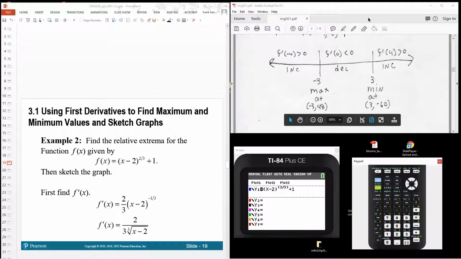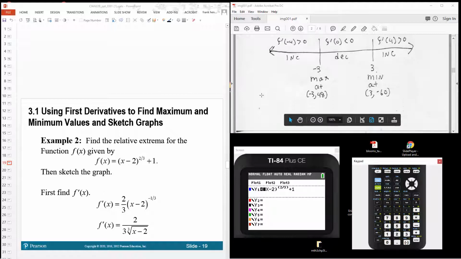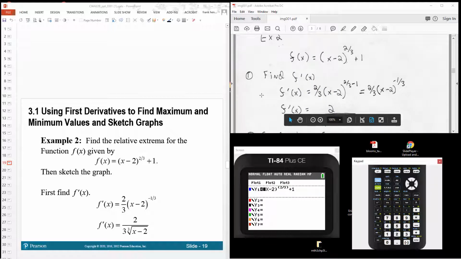So the first thing I do is I find my derivative of the function. Okay, use a chain rule here.